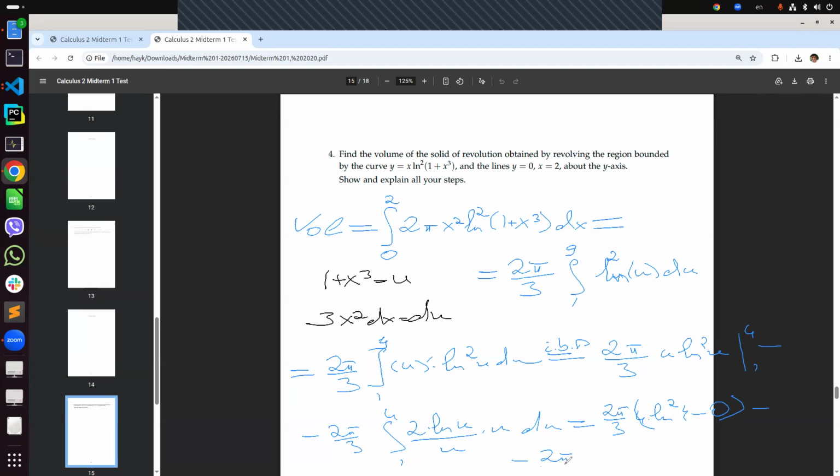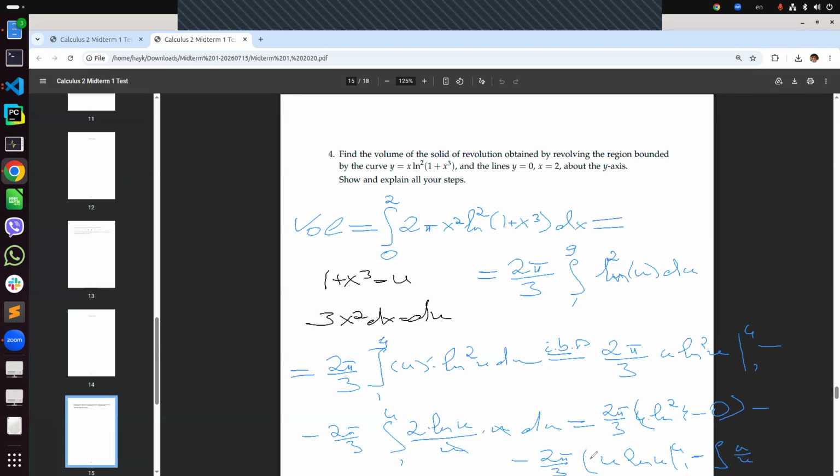2 pi over 3. Now, for the integral of logarithm, we are doing exactly the same step. We multiply with the derivative of u and do integration by parts. We'll get u times ln u from 1 to 9, and minus the integral of the derivative of logarithm times u, so u over u, something like this.